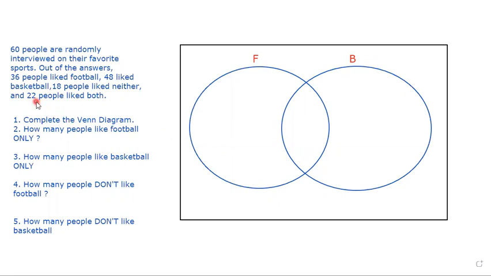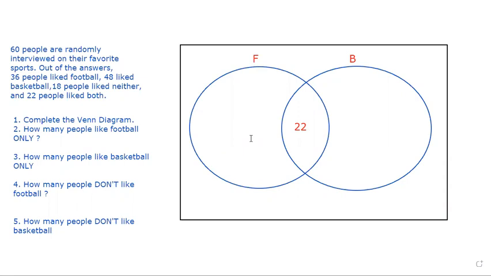And as we can see over here, we said that 22 people like both sports. Okay, that's the first thing I do. We have something called the inclusion-exclusion principle. We could use that. People have different methods, but this is how I like to personally solve.